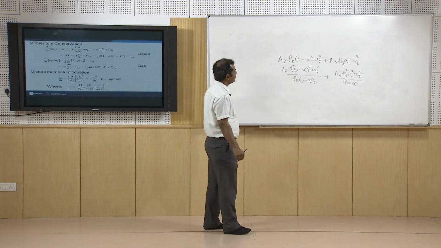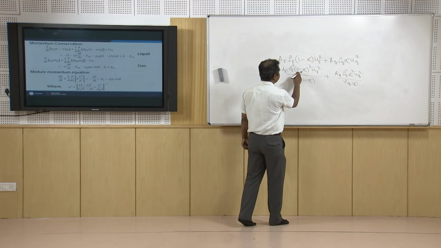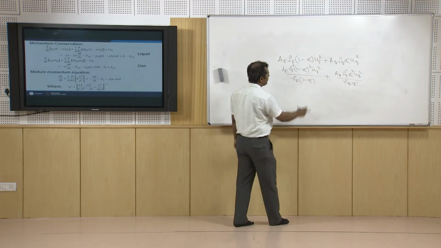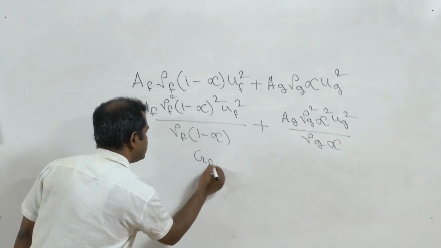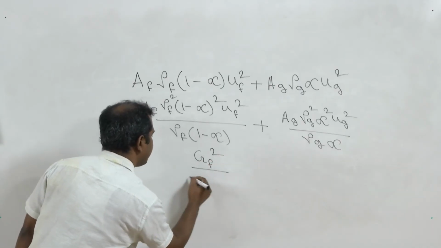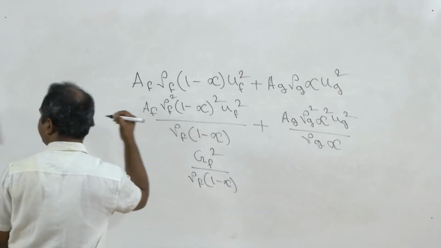Now, you see over here we can write this Af into 1 minus alpha into uf, this is nothing but your Gf, divided by rho f 1 minus alpha.